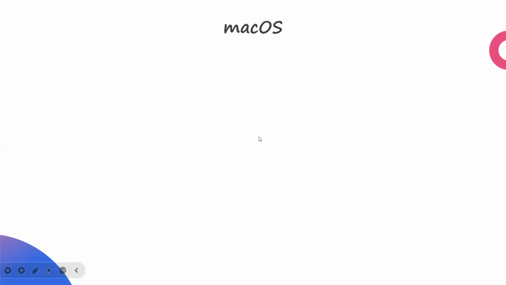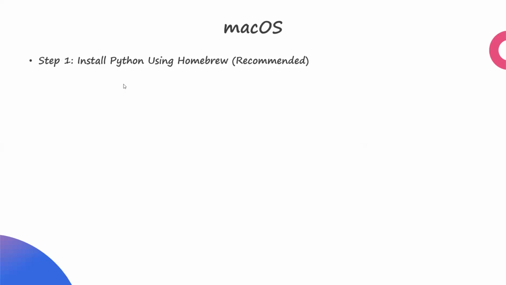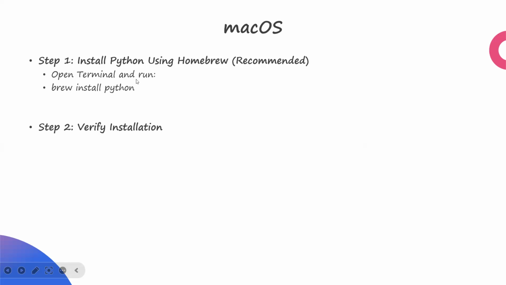And for Mac OS, I did not use Mac OS, but just follow the instructions here. The recommended way is to install it using Homebrew. Open your terminal and run, I'm not going to display this because I do not use Mac. Just type in on your terminal, brew install python. Once you do that, it will install it for you.